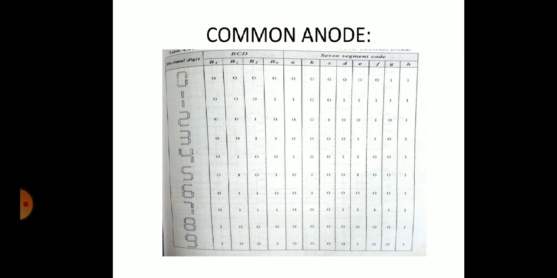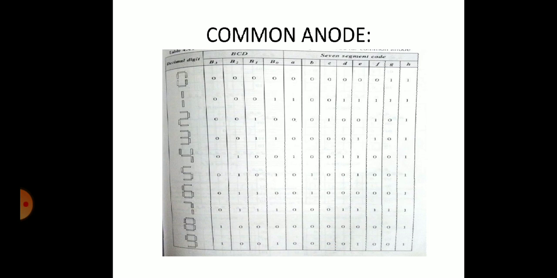So how will it represent 0 to 9? First show this, then put the values in the 7 segment code. H will be always high for common anode type.